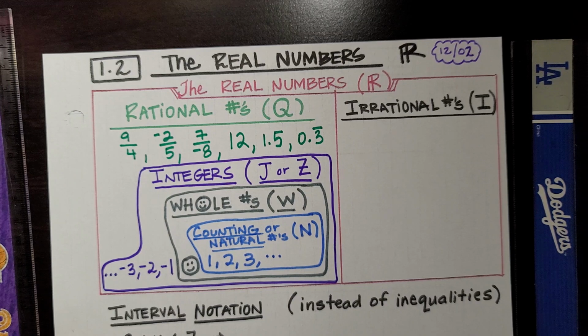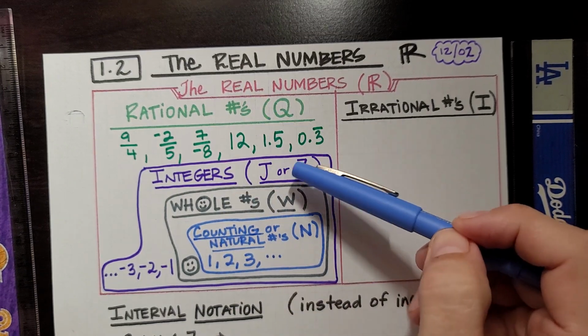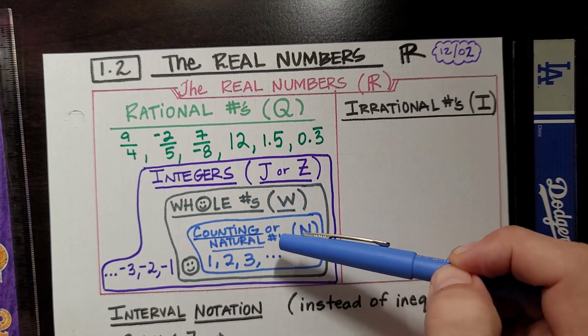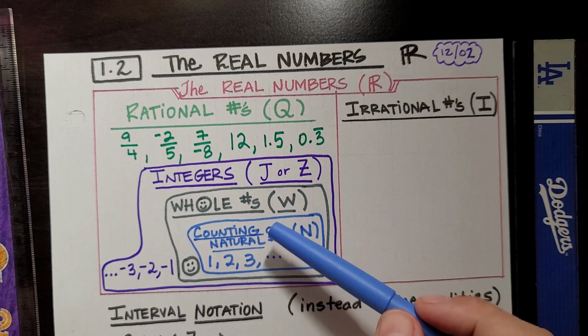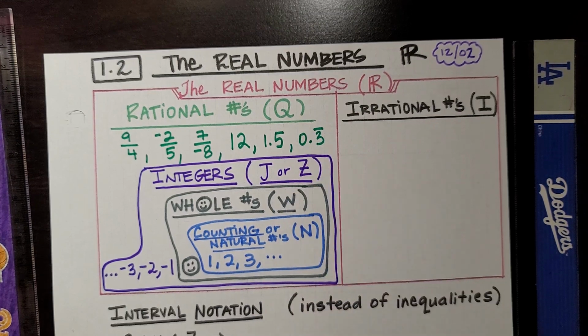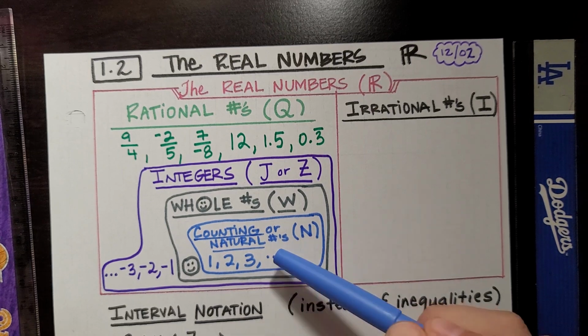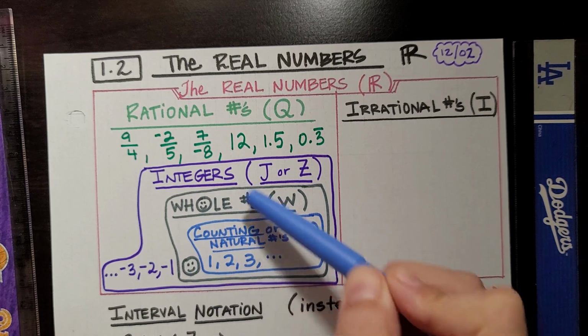Now, I need you to make sure the way that we drew this picture, it kind of looks like there's more rational numbers than integers, more integers than whole numbers, and more whole numbers than counting or natural numbers. That is not true, because there's an infinite number of every one of these sets. Counting or natural numbers are subsets of the whole numbers. Whole numbers are subsets of the integers.